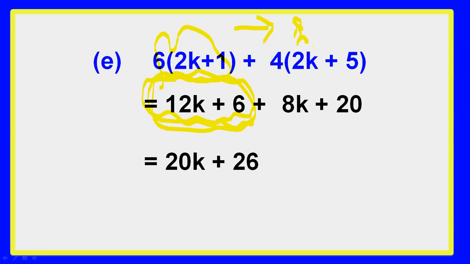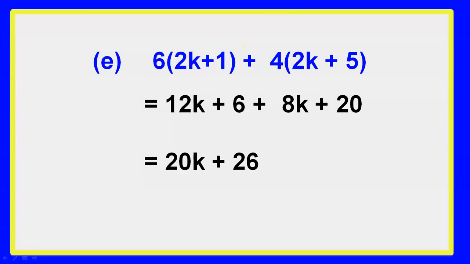Wow, 4 wants to meet with 2k, 4 wants to meet with 5. And must remember one thing, sign multiplies with sign, so you have to consider plus 4. Number multiplies with number, 4 times 2 is 8, and there is no k otherwise k would multiply together, but these are the first kind, they are not giving you any power.